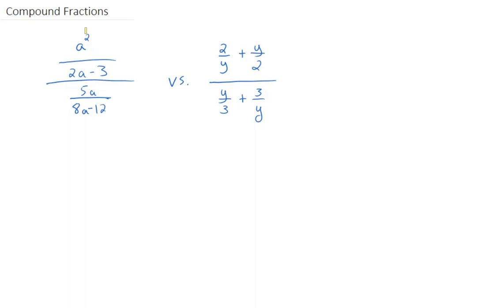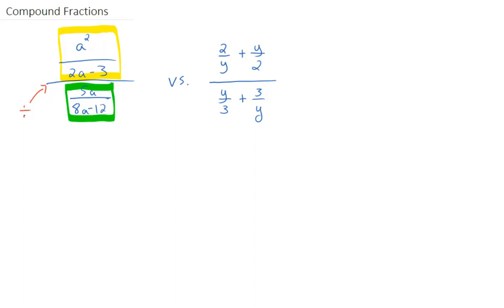So if you look at the first one, the numerator of the first one is all one big fraction. It's all kept within one fraction bar, and its denominator is also one big fraction. So what that means is we can, from the beginning, apply the division of the major fraction bar and essentially take the numerator times the reciprocal of the denominator. We can do that from the beginning.